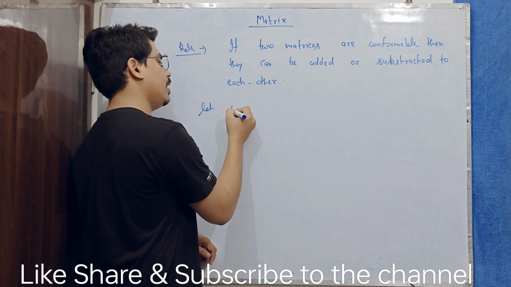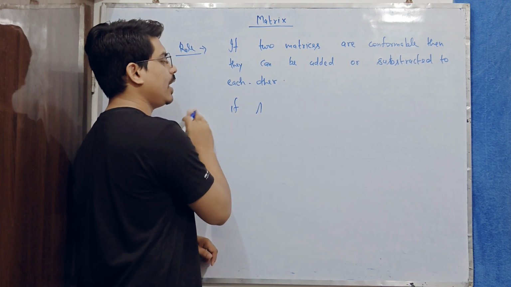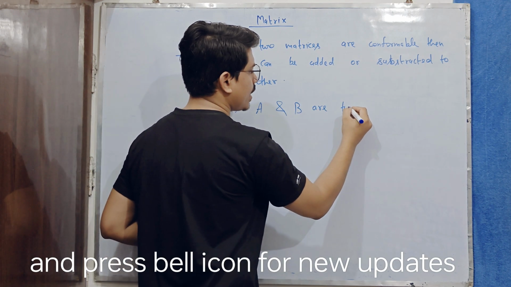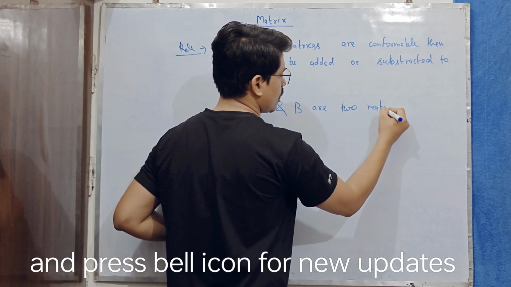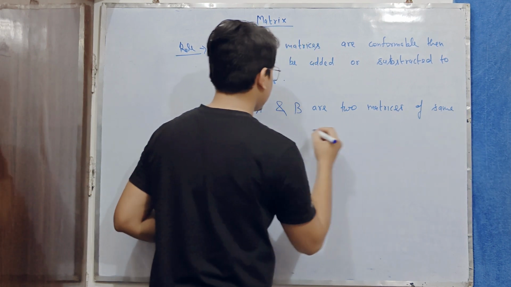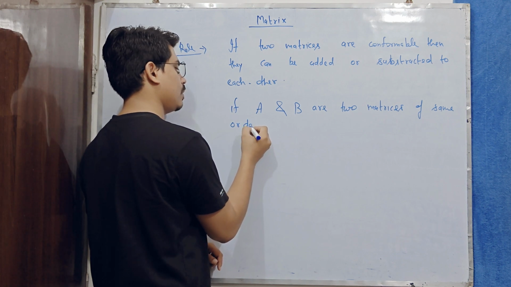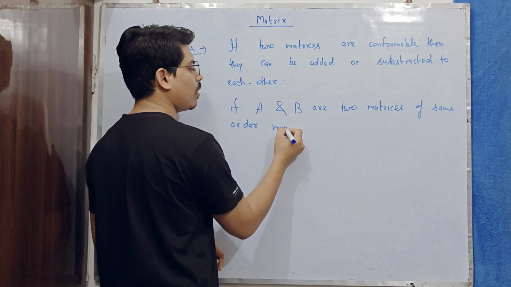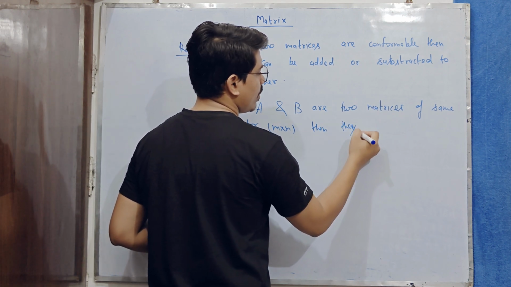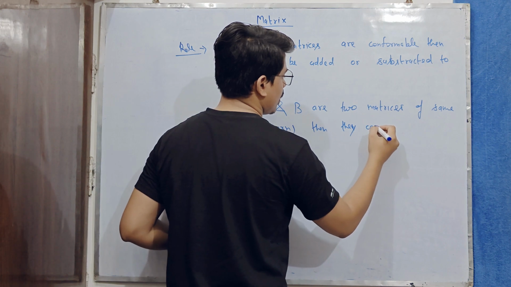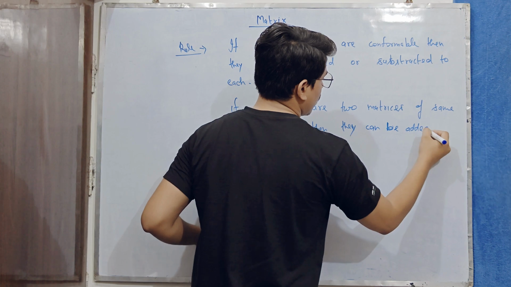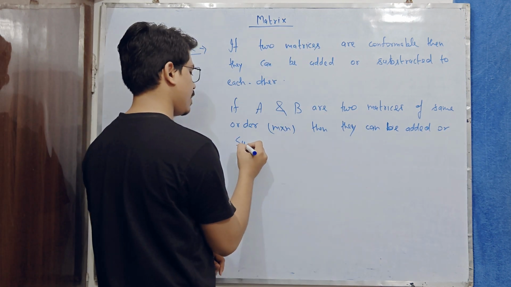If A and B are two matrices of same order m cross n, then they can be added or subtracted.